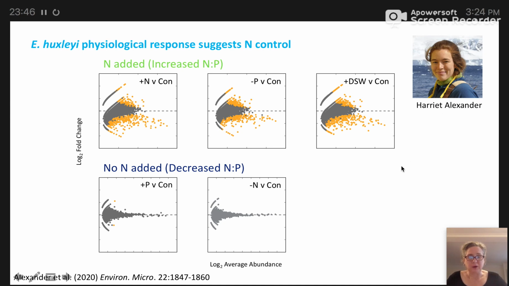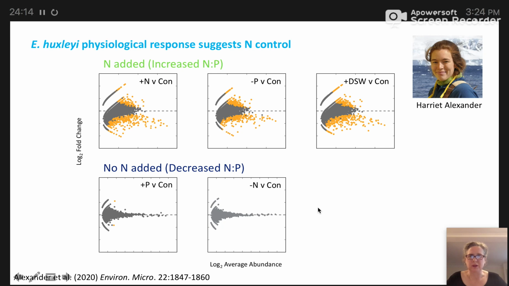Now, first of all, what should be striking is that we really only saw a significant differential transcriptional response in treatments where we added nitrate and increased the N to P ratio. You can see all of these transcripts going up and all of these transcripts going down, and next to no differentially expressed signal in the other treatments where we decreased the N to P ratio.